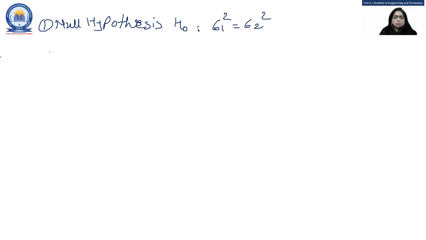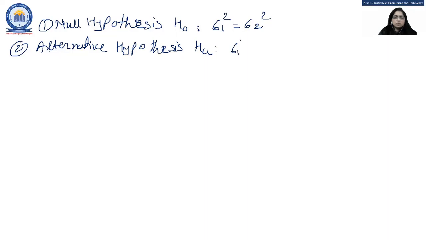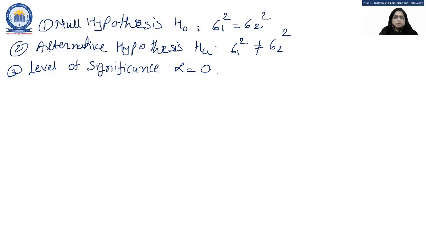Number 2, alternative hypothesis HA, and here sigma 1 square not equal to sigma 2 square. Number 3, level of significance, alpha 0.05.